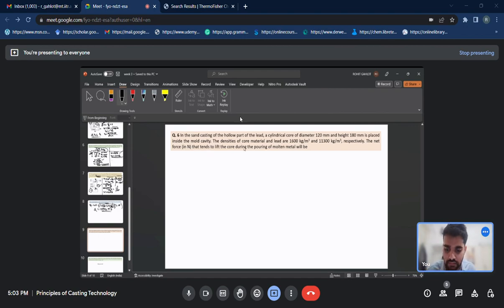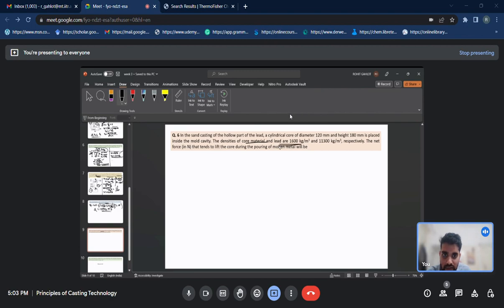The densities of the core material and the lead, which is the liquid metal being filled, are 1600 kg per meter cube and 11,300 kg per meter cube. We need to calculate the net force that tends to lift the core during the pouring of the molten metal. This was covered in week 3 in the theoretical part by Professor Jha.